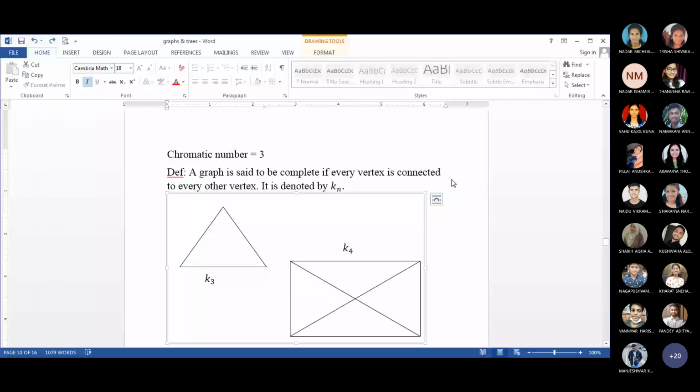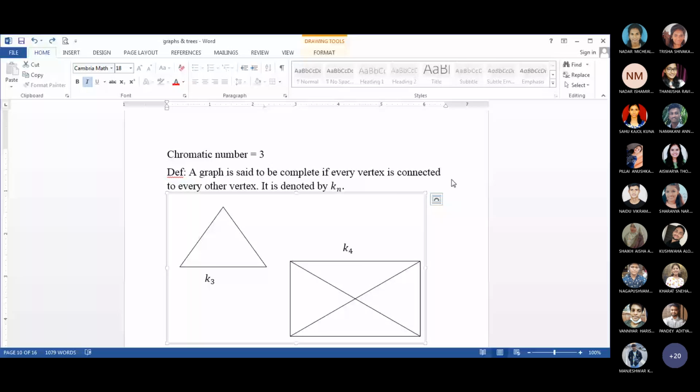A graph is said to be complete. This is basically the definition of a complete graph. A graph is said to be complete if every vertex is connected to every other vertex. Two examples are given.